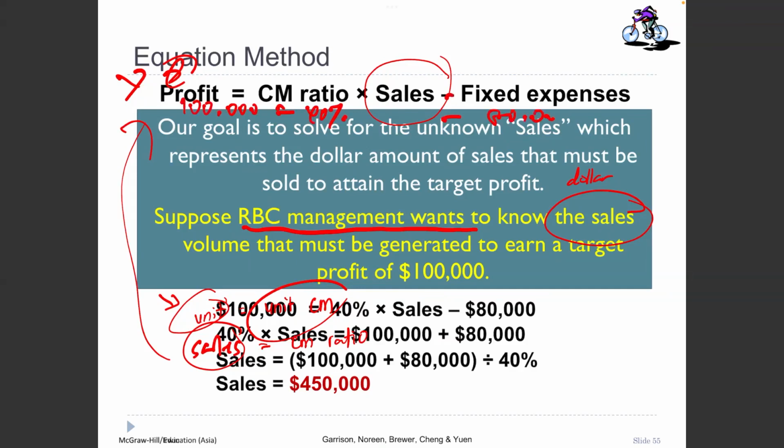Fixed expense is 80,000. And then you rearrange everything, so you will get sales of $450,000, which equals 900 units multiplied by $500, so you will get $450,000 in total.